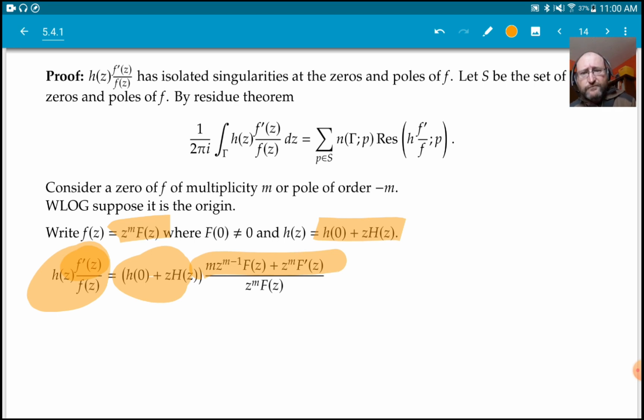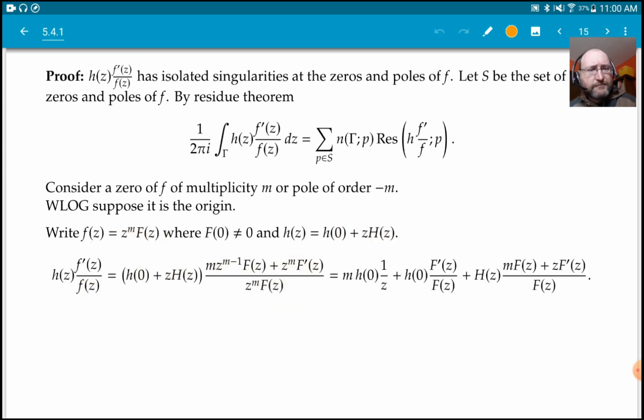Take the product rule on the top, and then over here, that's just little f. And now we expand, not maybe completely. So this h naught, if I look at this part of the fraction, I get this, because I'm going to have h naught, and then the capital F cancels, and z to the m minus 1 over z to the m is 1 over z. And then I get the m out here.